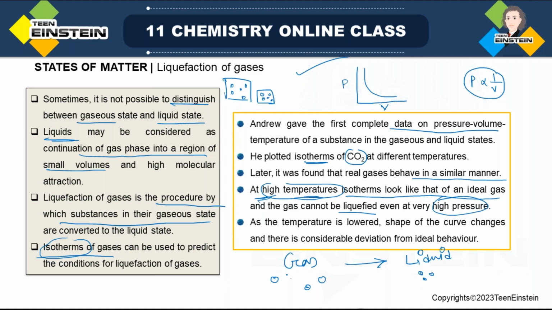That means two things you have to take care of. First of all, you have to increase pressure, then only the particles can come close to each other. So pressure should be increased and temperature should be decreased, because when temperature is very high, the intermolecular interaction is not important and the particles can move far from each other.